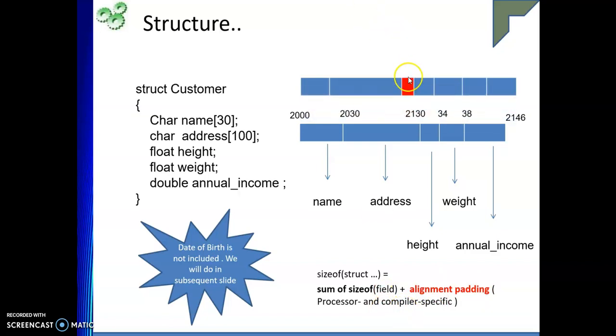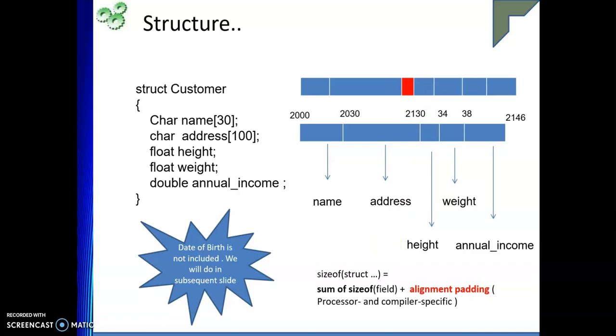That is the reason why the size of the structure that you have defined, like this customer, is always greater than or equal to 30 plus 100 plus 4 plus 4 plus 8. So it is always greater than that, because there may be some alignment padding and all.